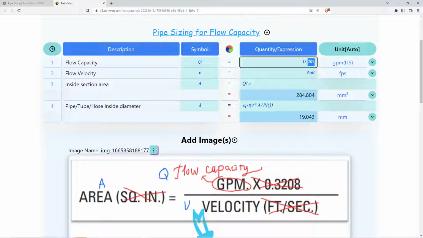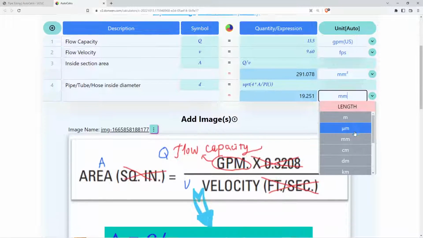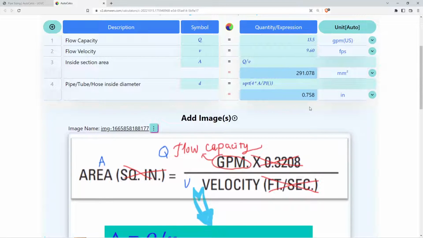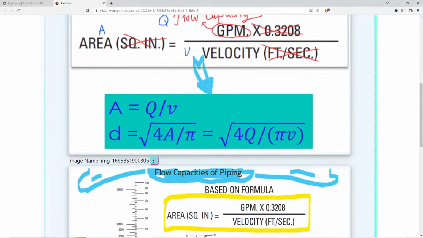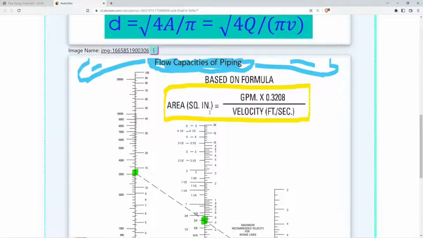With this Q and V, it automatically calculates the inside diameter. Let's change that to inches. It's about 3/4. Let's compare. You can see the crossing point is at 3/4 for the actual inside diameter. So it's pretty close.